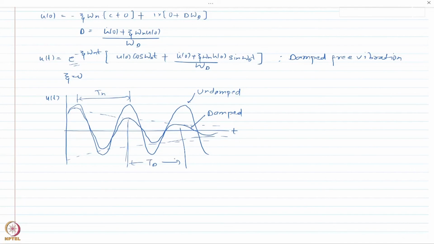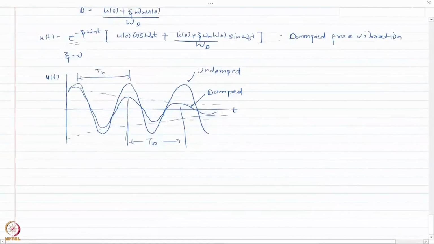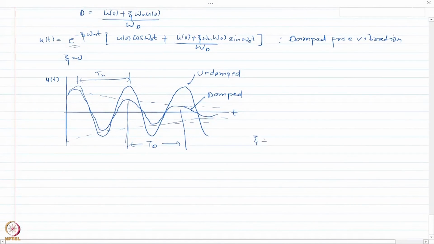Okay, now comparing the response, we can see that if a system has a very high value of zeta, or very high damping, the amplitude would decrease much faster and it would come to the original position much faster. So the time taken to come to the zero position would be much smaller.